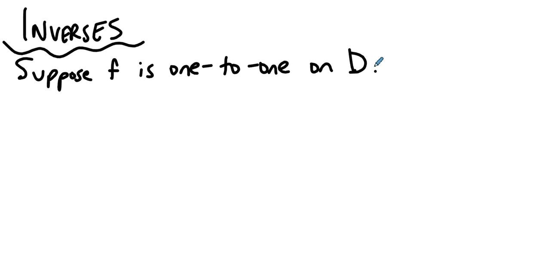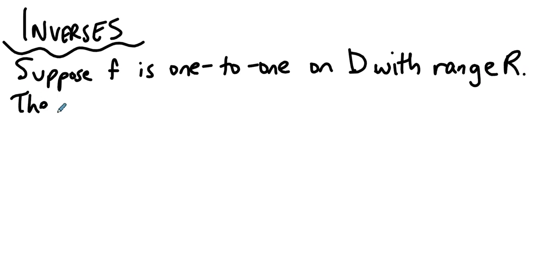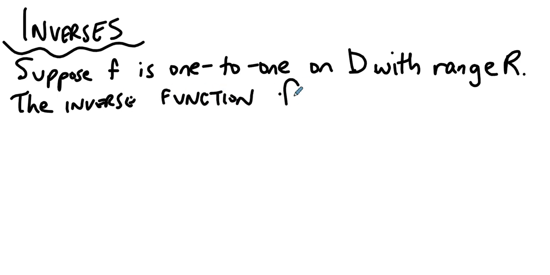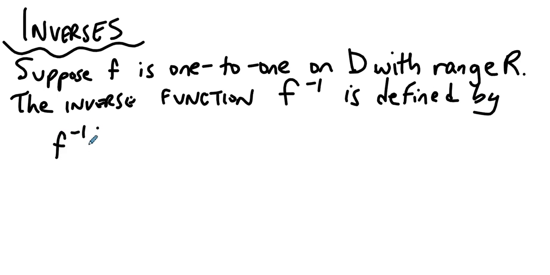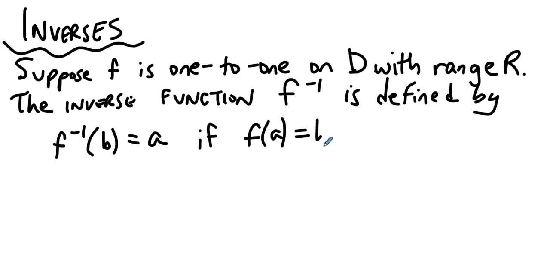So let's suppose that f is one-to-one on some domain D and some range R. The inverse function, which is abbreviated f inverse, is defined by f inverse of b is a if f of a equals b.